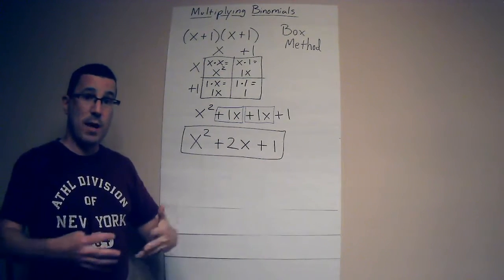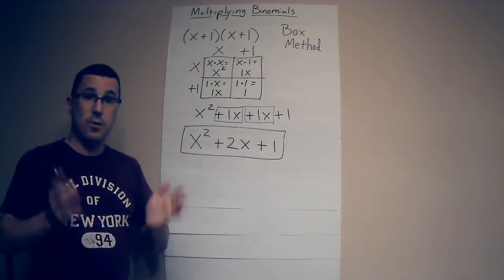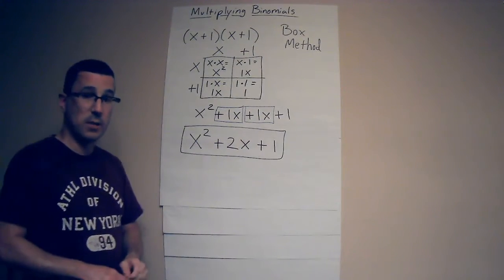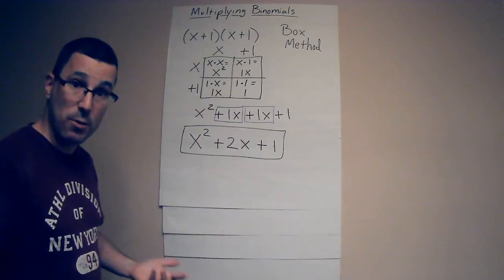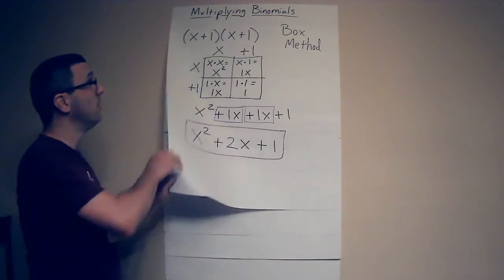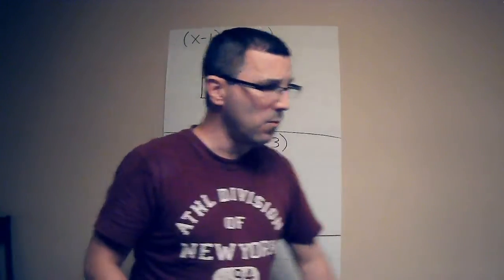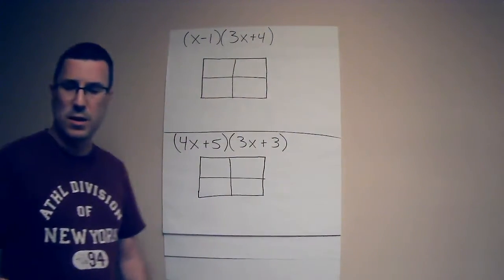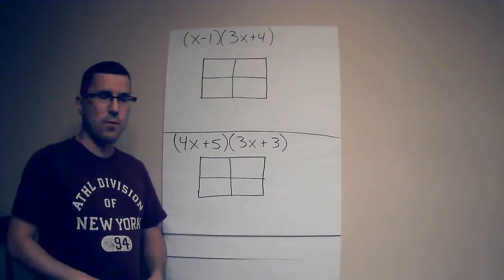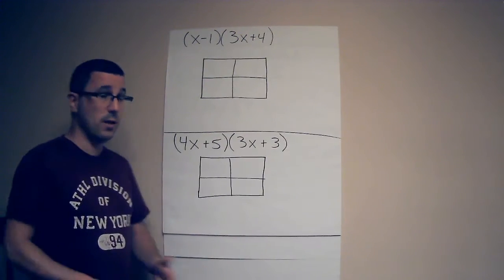So all of them have non-fractional, non-decimal exponents. And that's basically what we do with the box method. So we're going to do 2 more of a little bit more increasing difficulty, not too difficult. Don't want to go too crazy here.